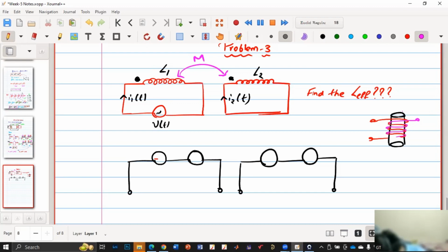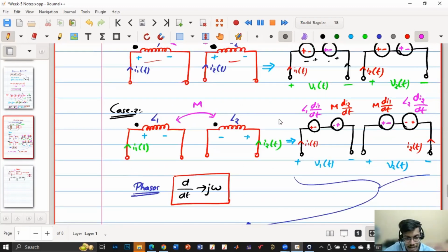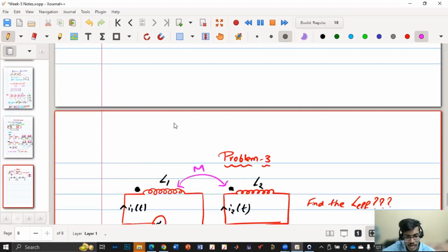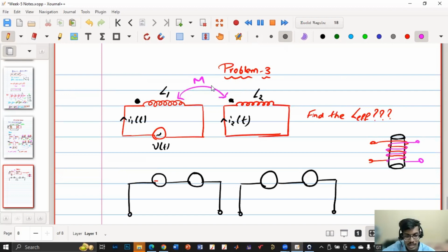Both inductors might be sharing the same core, but every time drawing it like this would be difficult and not easy. So for our ease, we just write as if there are two inductors and they have mutual inductance. This is our representation. It does not mean this inductor is here, this inductor is there.